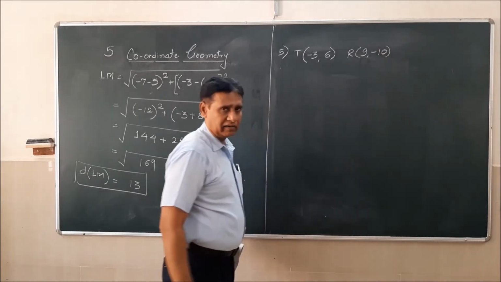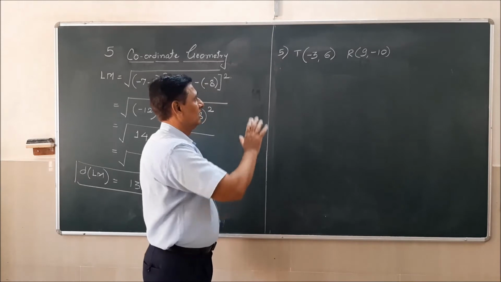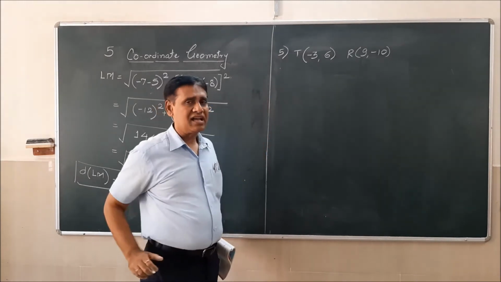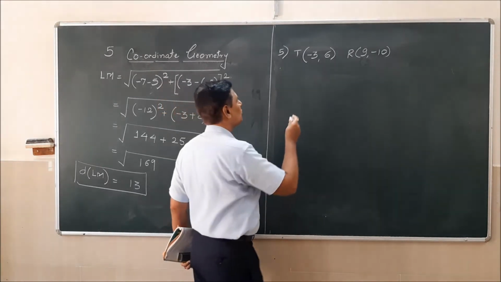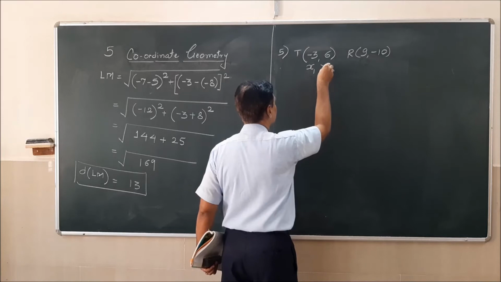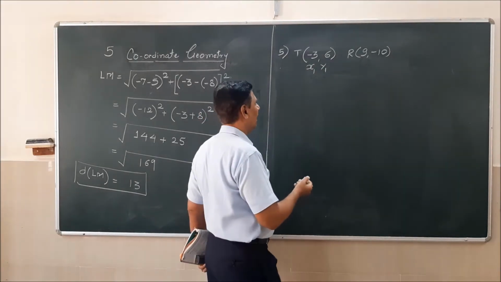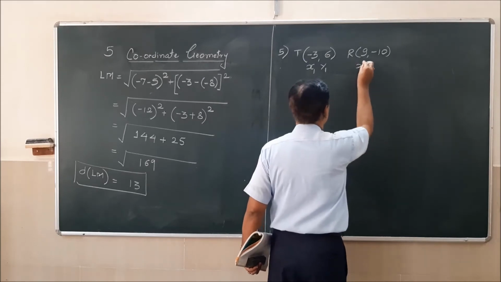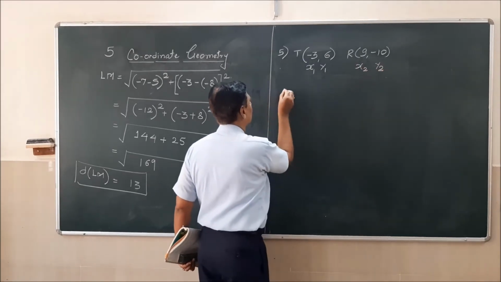In the same manner, what I am going to do now, I will label them as x1, y1 and x2, y2. So the coordinates of T are labeled as x1, y1, while the coordinates of R I am going to label as x2, y2. Same formula.